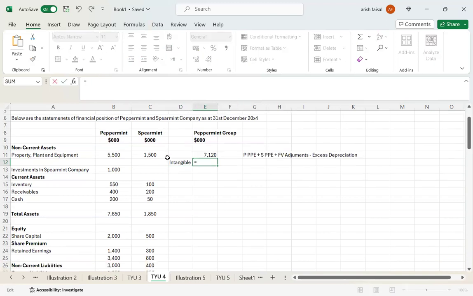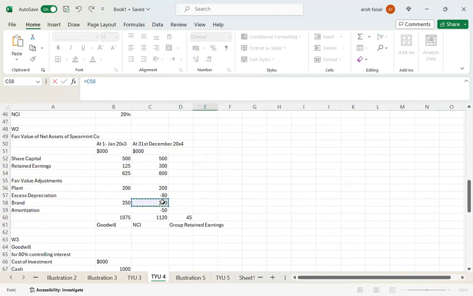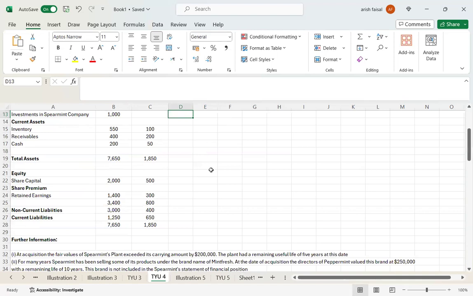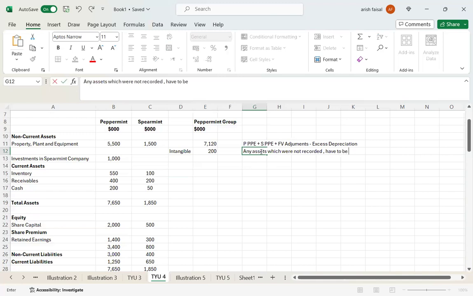There was a brand and it had a fair value of 250, but then we have to record an amortization of 2 years, which is 50. So that will make up a net of 200. Remember that any assets which were not recorded have to be adjusted now.